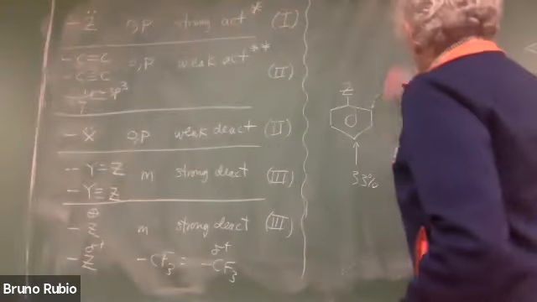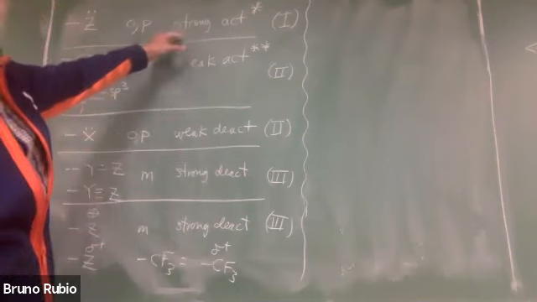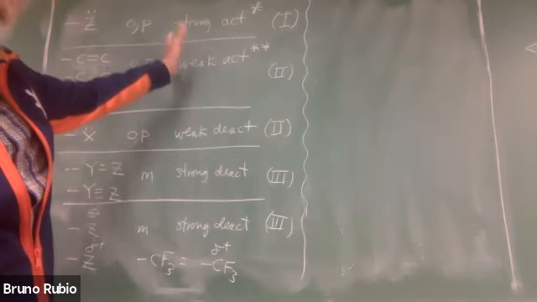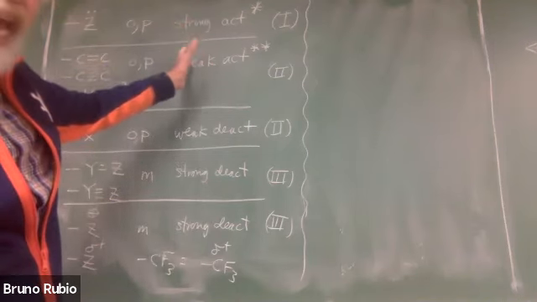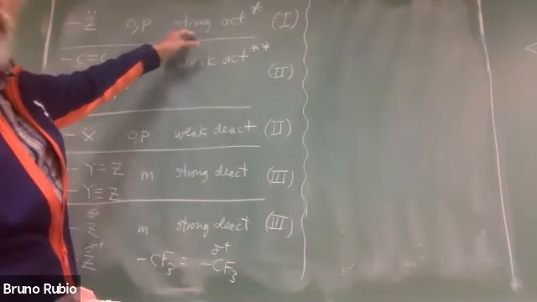Professor Rubio, I also have a quick question. If it's a deactivator, I know you were mentioning how fast it goes. Would it be a slower reaction if it's a strong deactivator? It would. The strong deactivators react something like 25 orders of magnitude, not 25 times, 25 orders of magnitude more slowly than this.